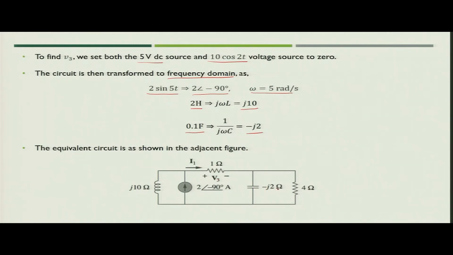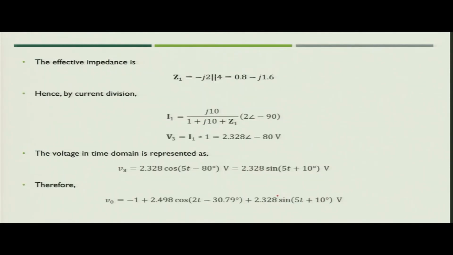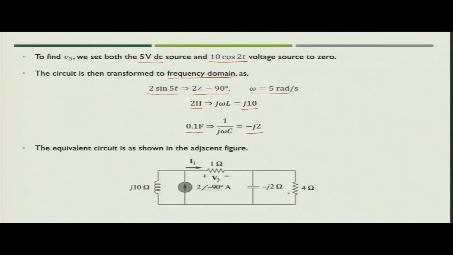So, first what we have to do, we have to first take these two the parallel combinations and simplify it. So, when you take these two, let us say the effective impedance is Z1, where minus J2 is in parallel with 4 ohm resistance. So, you get effective impedance as 0.8 minus J 1.6. So, this you have got.